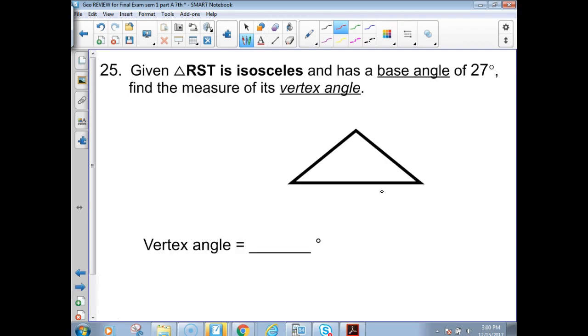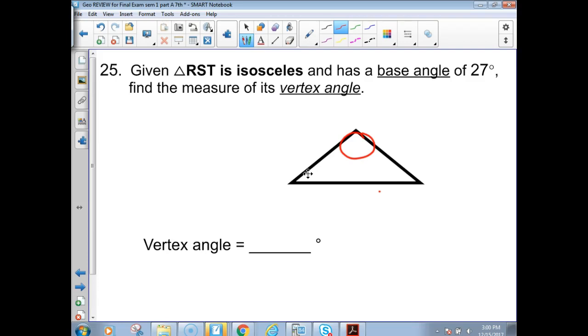And 25 says RST is isosceles and a base angle is 27. Find the vertex angle. The vertex angle is the one that's not the equal angles. So where do I have a vertex angle? Where is it? At the top? This one? That's what I want to know.